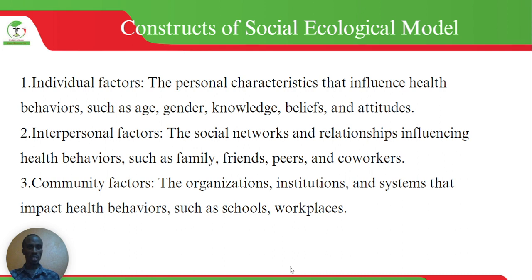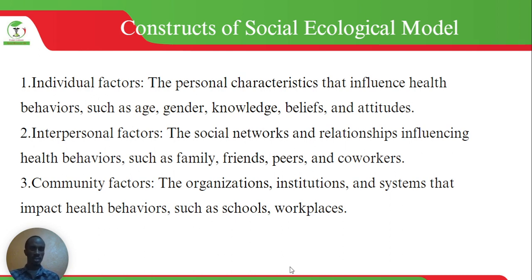So the constructs or the building blocks of this social ecological model include individual factors, which focus on the personal characteristics that influence health behavior, such as one's age, one's gender, their knowledge and cognition, their beliefs and attitudes.